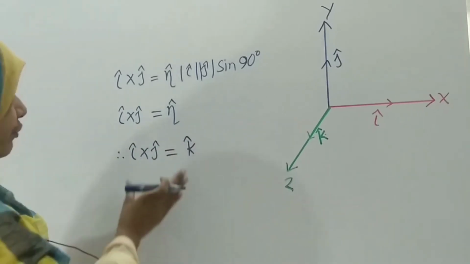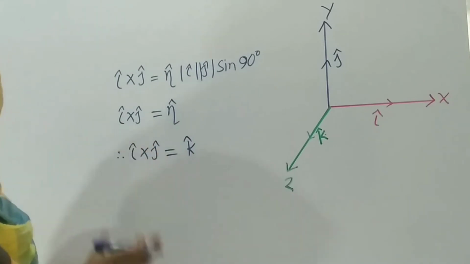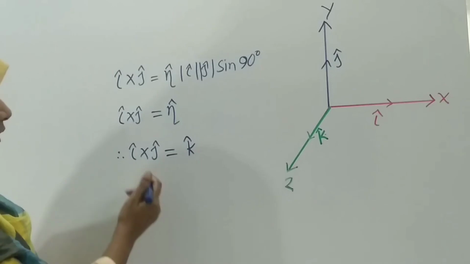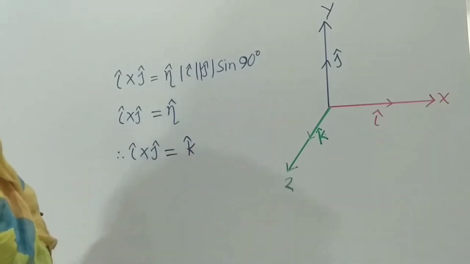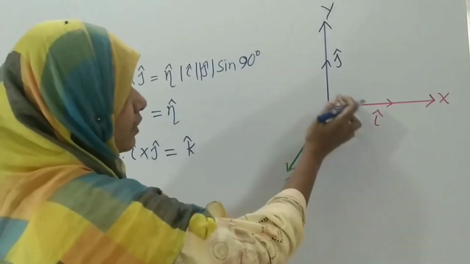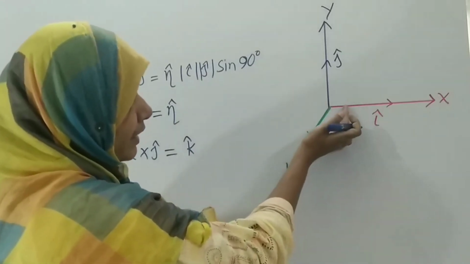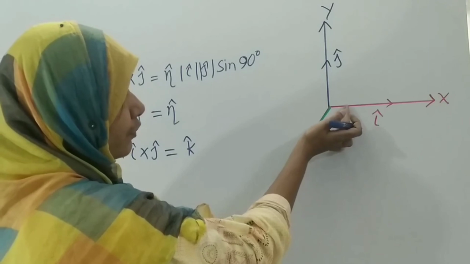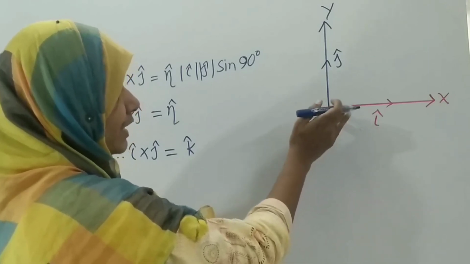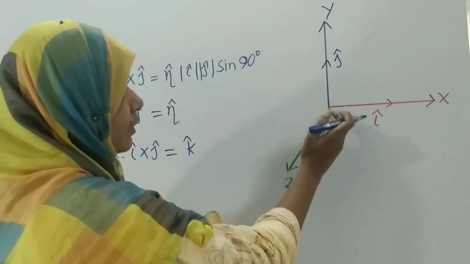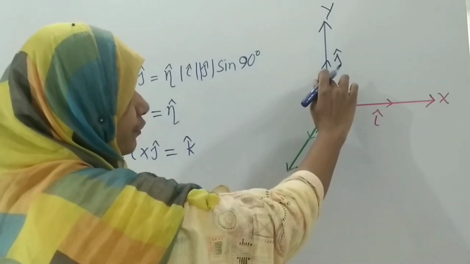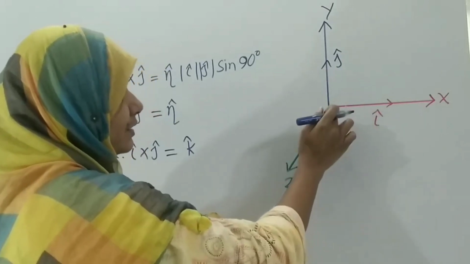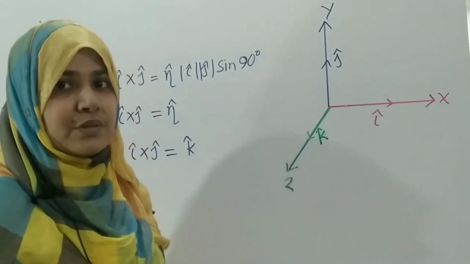Now if we do the cross product in the reverse way, or J cross I, the direction of K will be negative, because in I cross J the right handed screw is moving from I to J, so we get the perpendicular unit vector in the positive direction. But if this moves from J to I, that means this vector will act in the opposite direction.